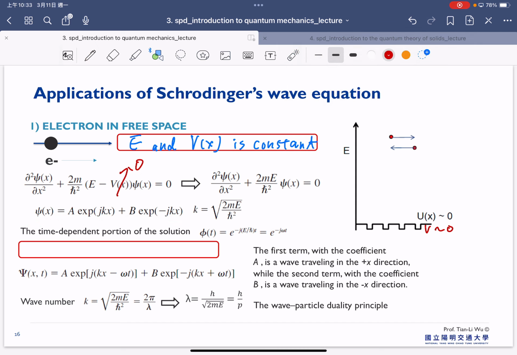This is a general solution for this function.